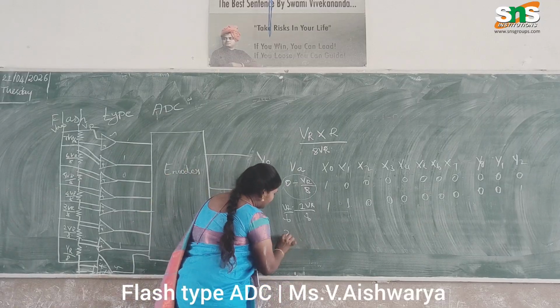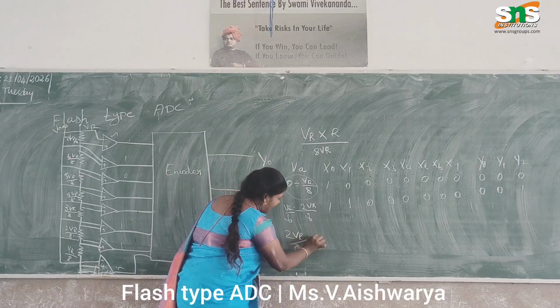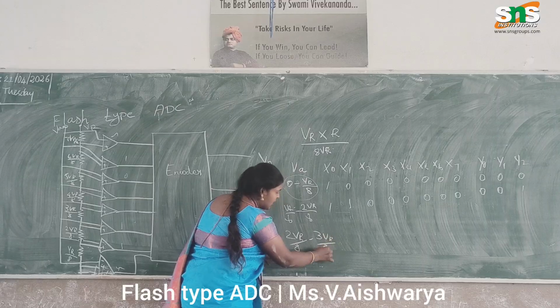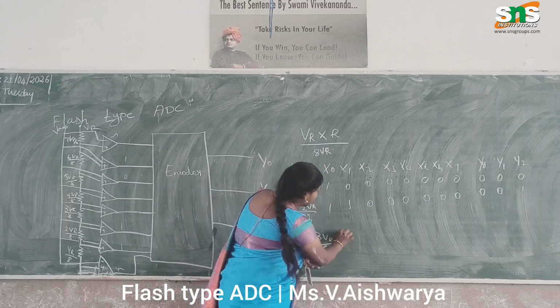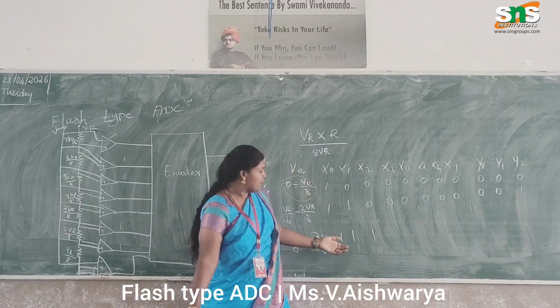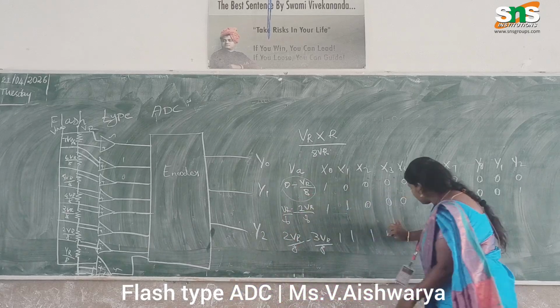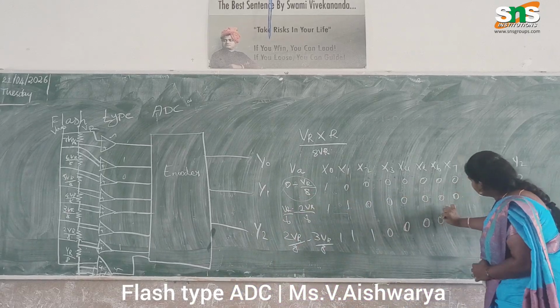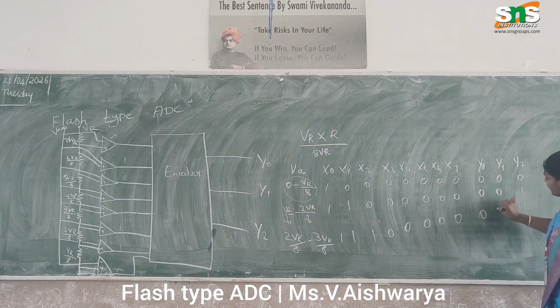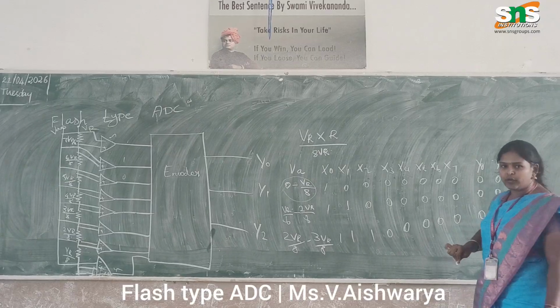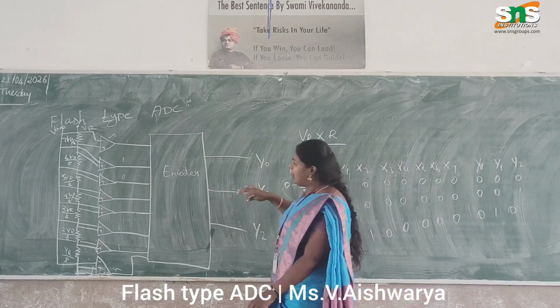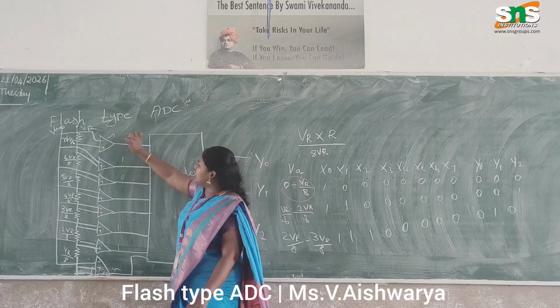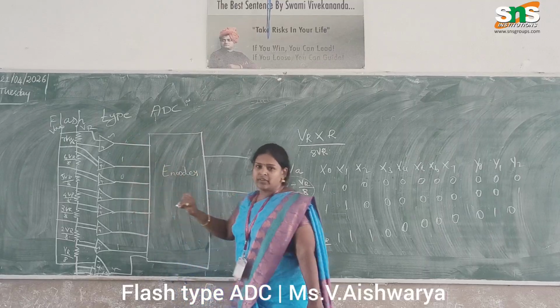Same for 2 VR by 8 to 3 VR by 8. In this condition, the third comparator is also enabled and the remaining are 0. The output is 0, 1, 0. The same condition is applied, as I told you, until the last comparator is turned on.